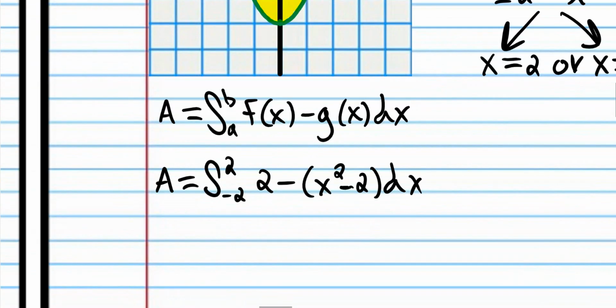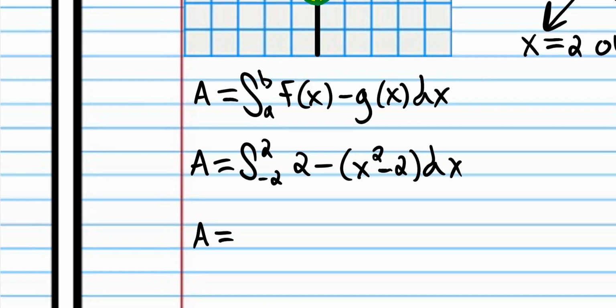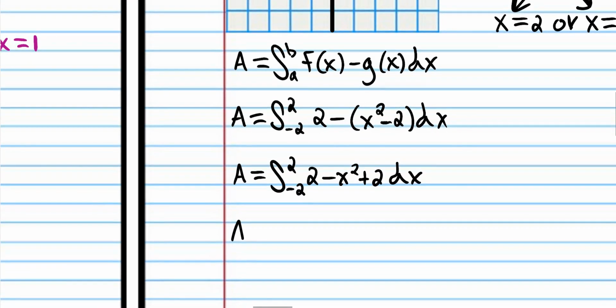Okay. So we get negative x squared plus 2. And that's going to be 4 minus x squared dx.